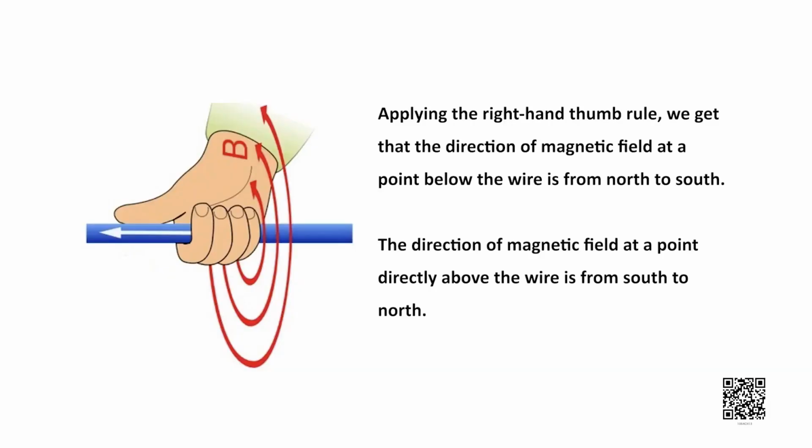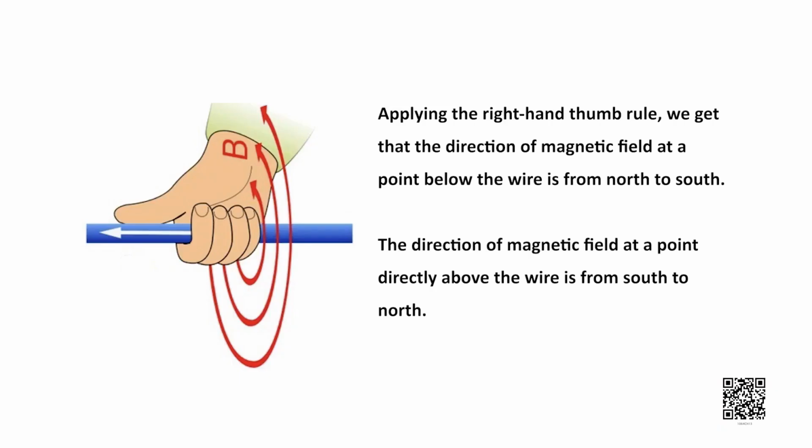Now, applying the right hand thumb rule, we get that the direction of magnetic field at a point below the wire is from north to south, and the direction of the magnetic field at a point directly above the wire is from south to north, like this.